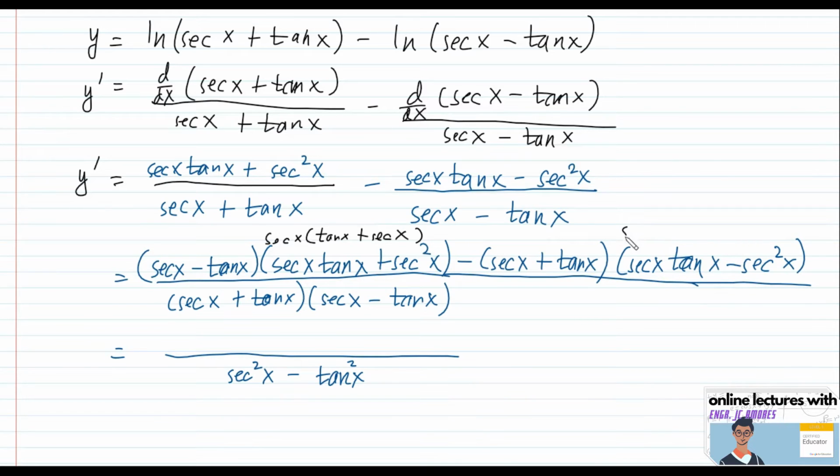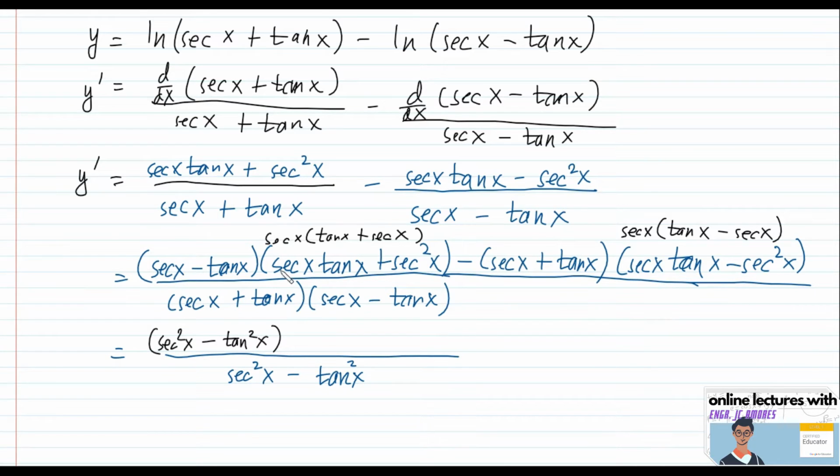And here we could also factor out secant x, and this will be tangent x minus secant x. So this term multiplied to this term would become secant square x minus tangent square x.